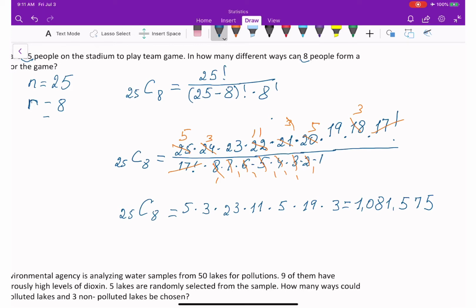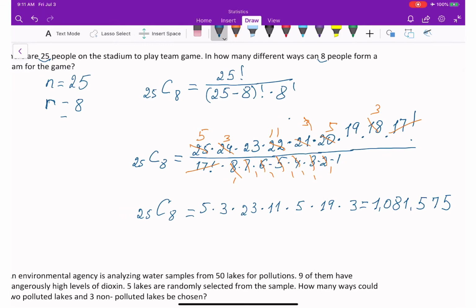So look how many combinations we can get, how many groups consisting of 8 people we can make out of 25 people. It's enormous, right? 1,081,575 groups that consist of 8 people I can create from 25 total people.